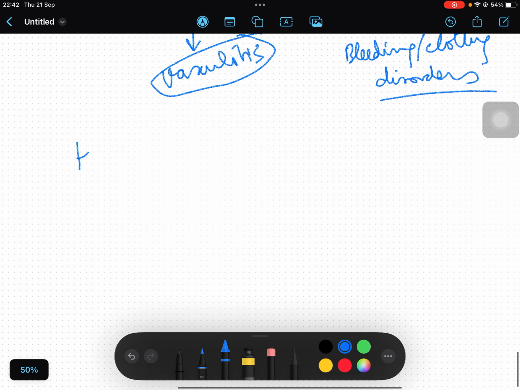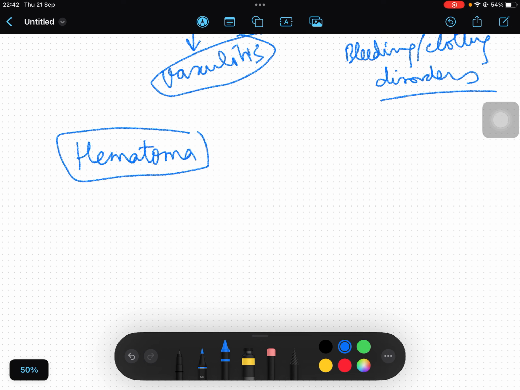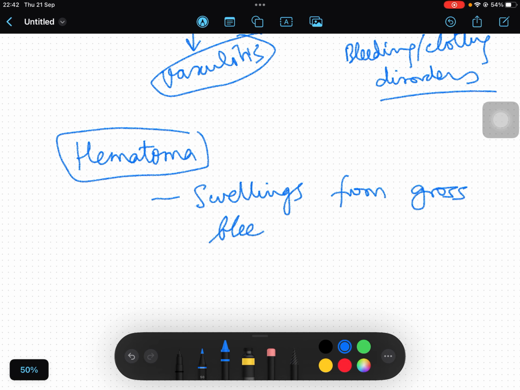The other primary lesion is hematoma. Hematomas are swellings from gross bleeding.